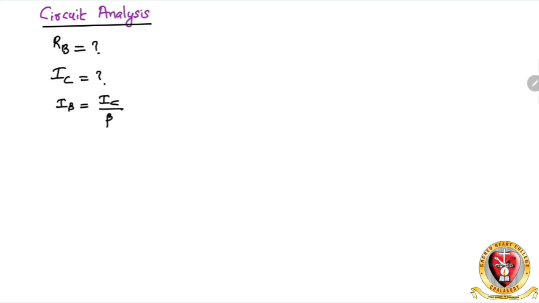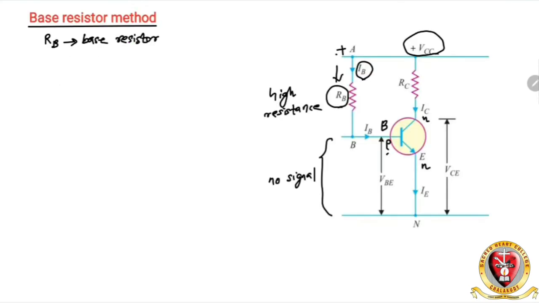To obtain RB, we have to apply Kirchhoff's voltage law in the closed circuit. Consider the loop A, B, E, N, A. You should keep in mind that this polarity is plus VCC.